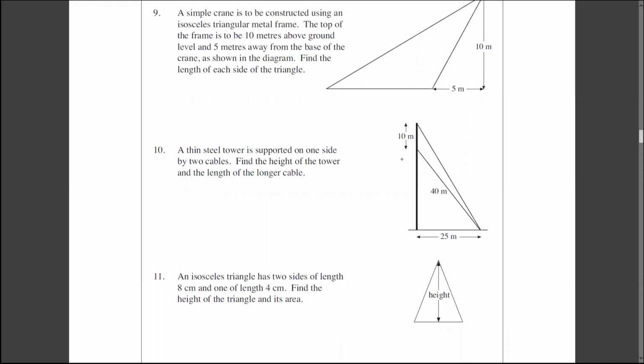This would be one of your shorter sides in a right angle triangle. So you have the information: 40 would be the hypotenuse, 25 the length of the shorter side. Find the unknown here. After you get that length, you add 10 to it, and you use this as the length of your shorter side now to find the hypotenuse of the outer steel cable, in other words, your outer triangle. So boom, boom, boom, and you're good to go.